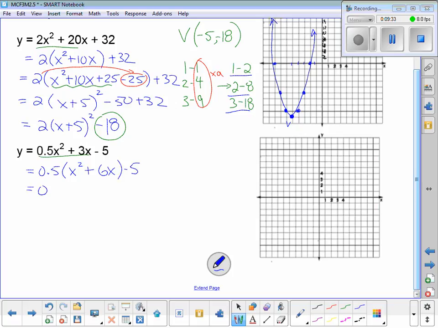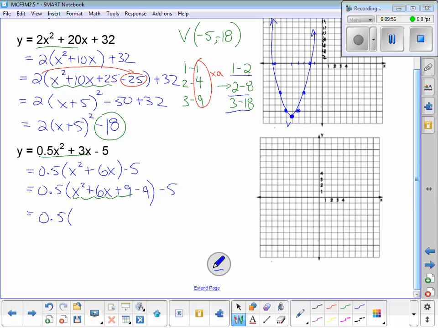Let's create our perfect square. x squared plus 6x. Take that middle term, divided by 2 is 3. Square it is 9. Whatever you do, you have to do the opposite to keep the balance. Those first 3 terms create our perfect square.